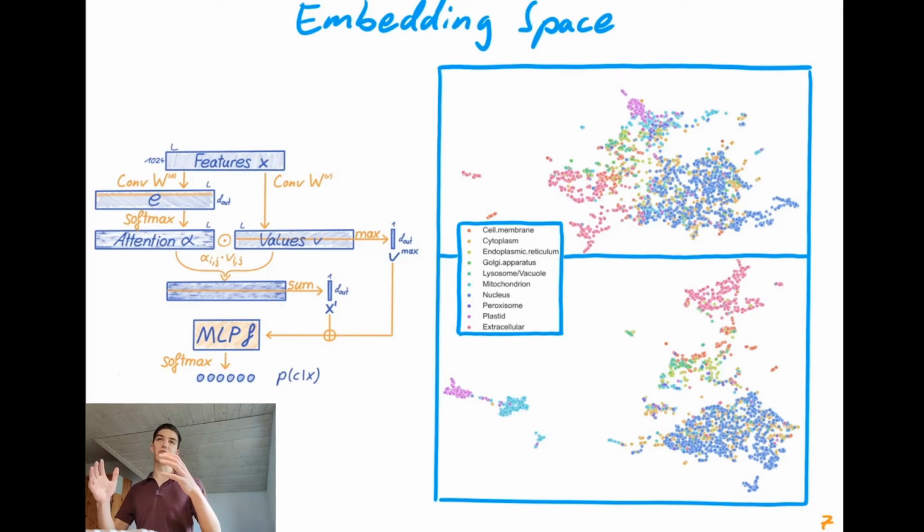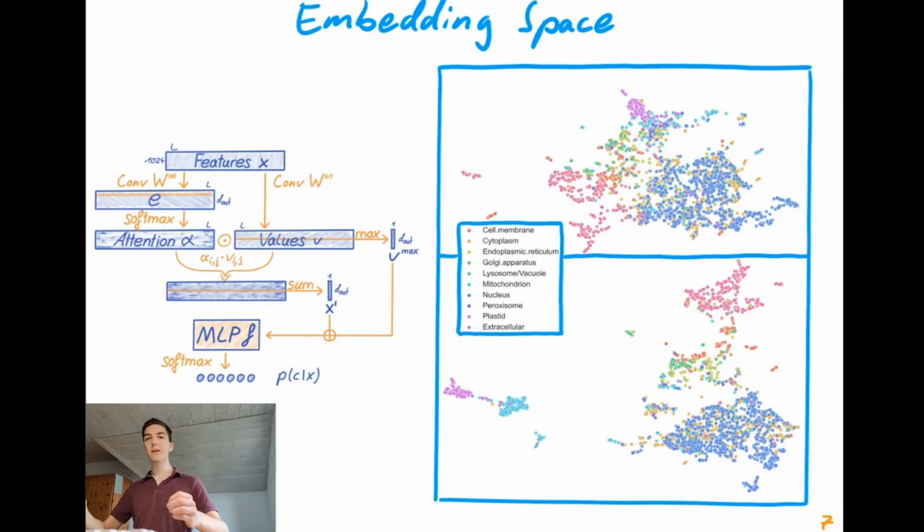So the attention coefficients that we have learned here are really able to assign the correct importances to different amino acid positions such that we can efficiently aggregate the information from the correct positions, which are important and informative for our task of predicting the subcellular localization.